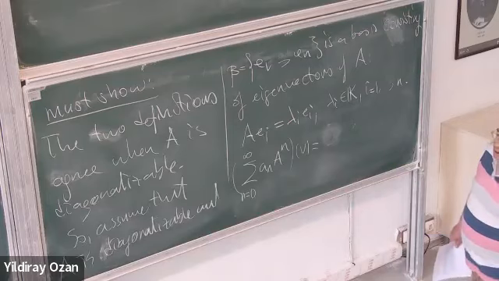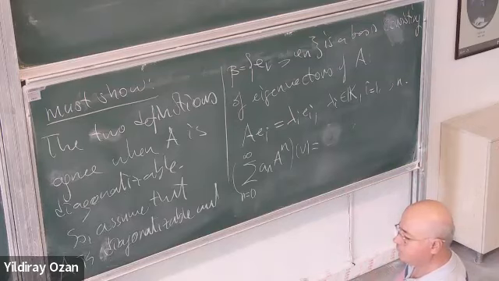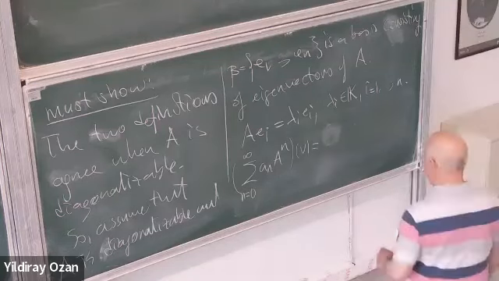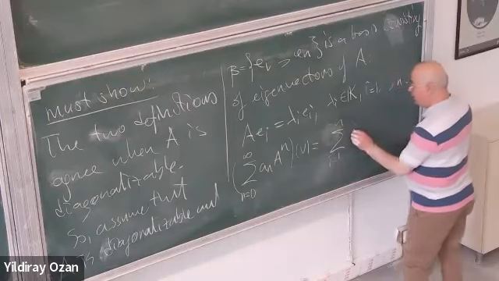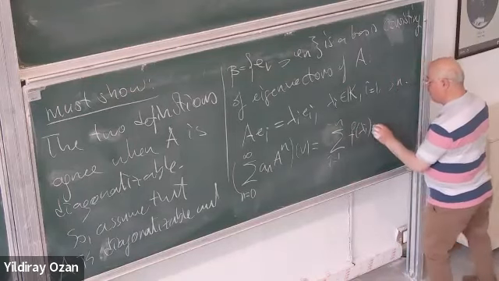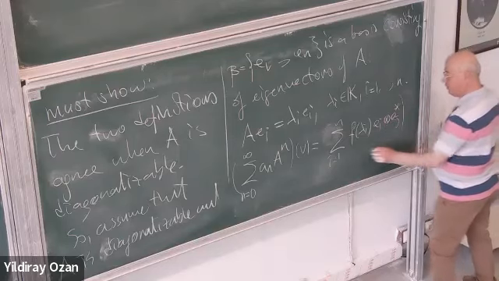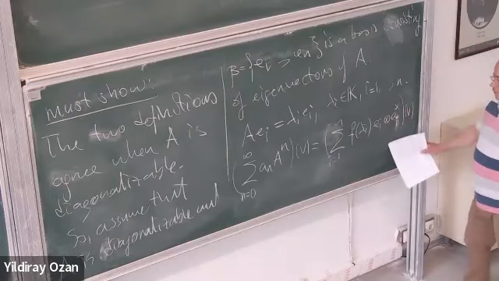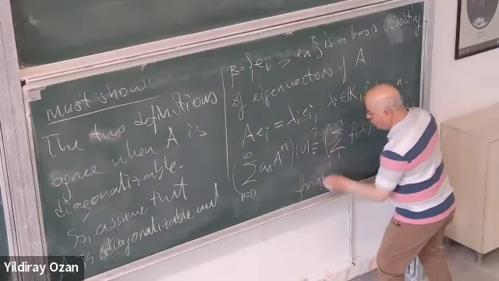What was the first definition? It was the sum over i from 1 to n of f of lambda_i, e_i, e_i star, applied to all b. So this is the question, for all b.